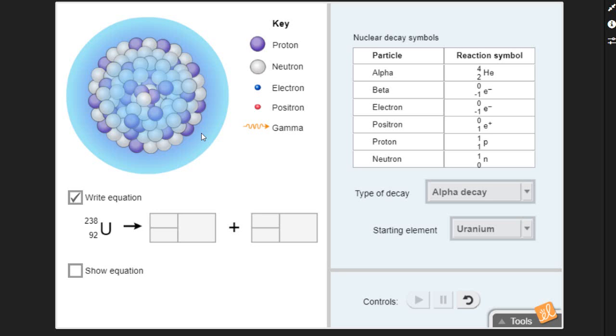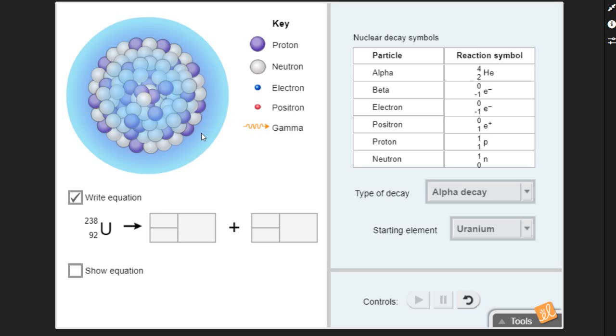How many protons does he have? 92. Oh my goodness. If y'all cannot take what I've done every day, it's going to get harder and harder. He has 92 protons. How many neutrons does he have? Say it louder. 146.